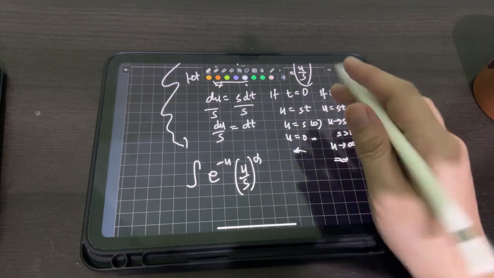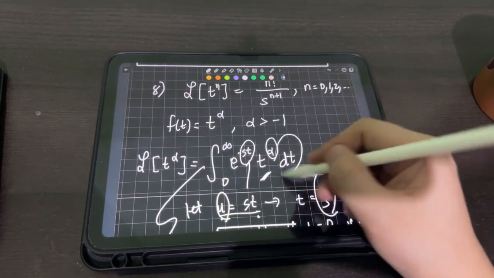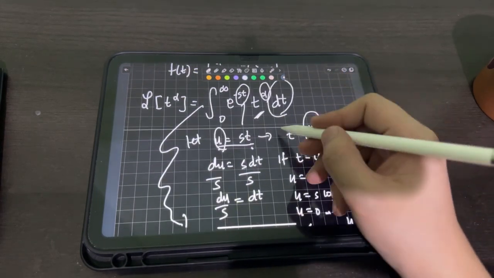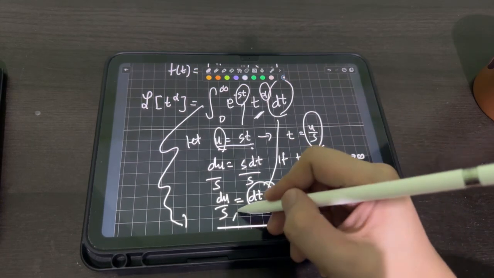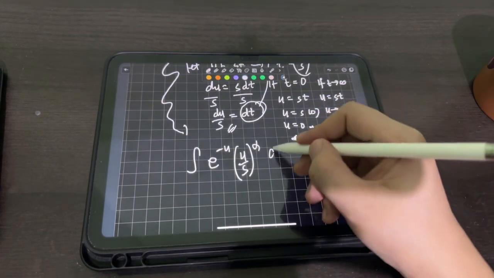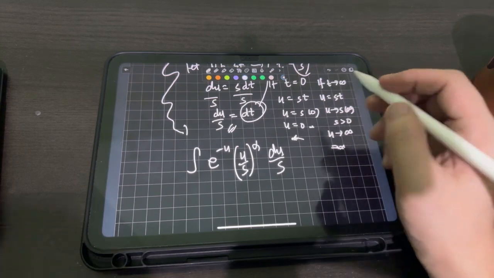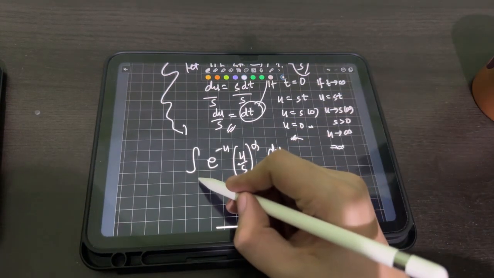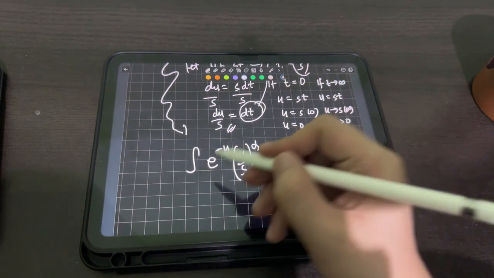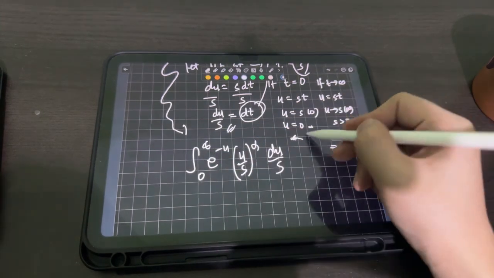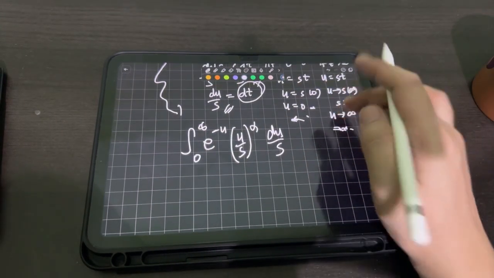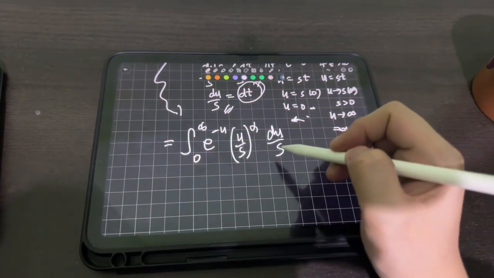So quantity raised to alpha. And then this dt is equal to du over s. Then we have the same lower and upper limit in terms of u. It's still 0 to infinity. So this is now the new integral in terms of u.